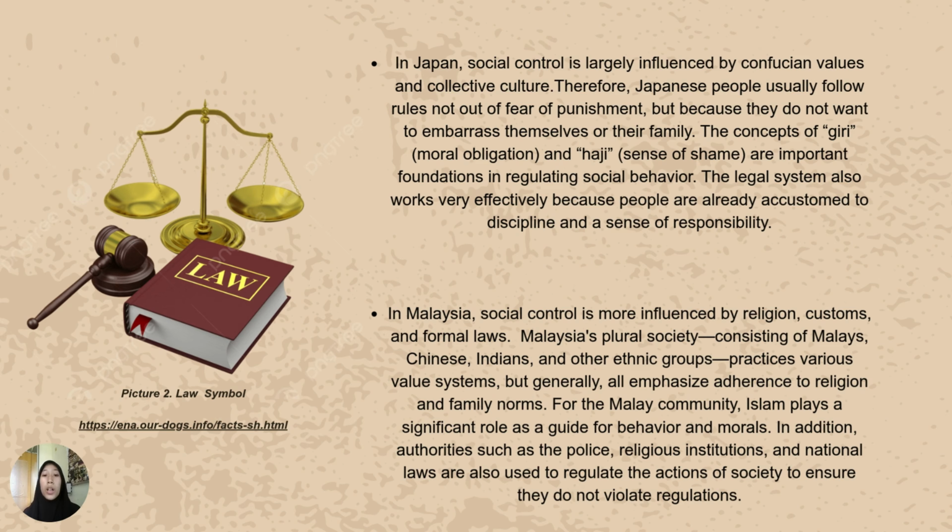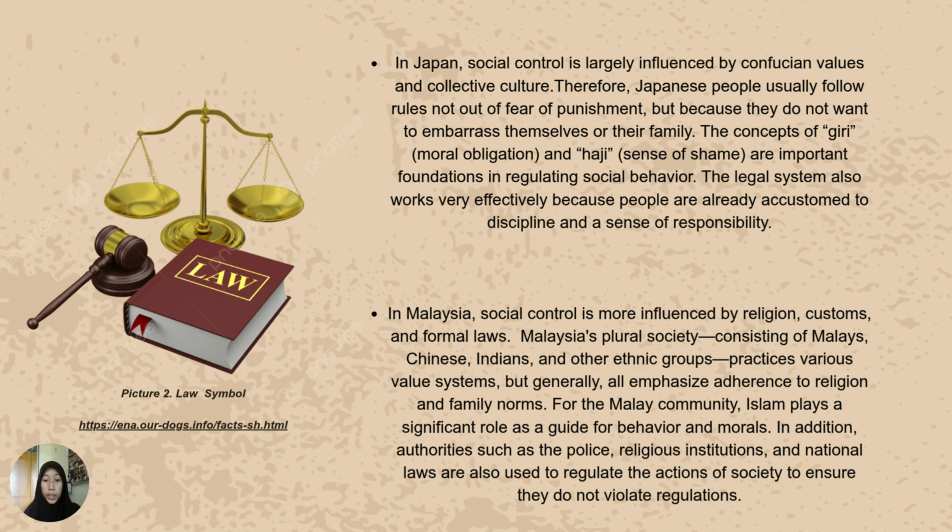But in Malaysia, social control is more influenced by religion, customs, and formal law. Malaysian plural societies, consisting of Malays, Chinese, Indians, and other ethnic groups, practice various value systems, but generally all emphasize adherence to religion and family norms.